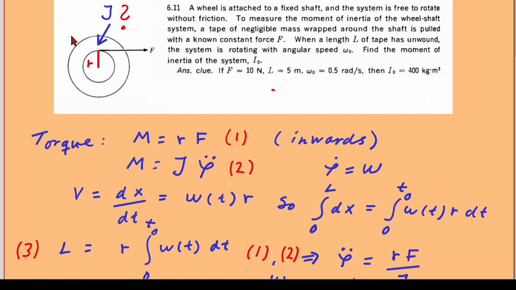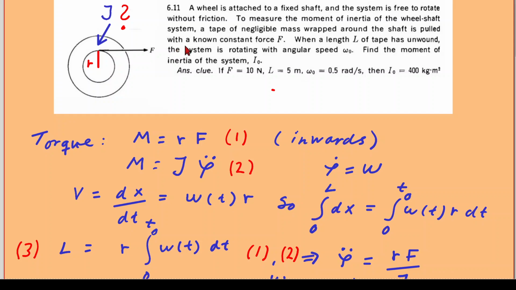And we are doing that by pulling on the axis with the massless tape, and pulling that with a constant force F, so that the axis and the wheel slowly start to spin, and then spin faster and faster.